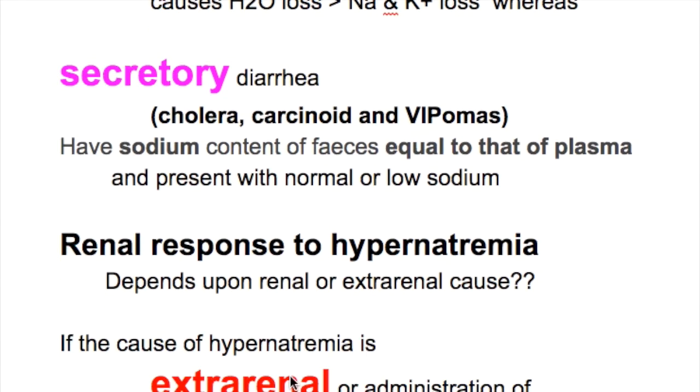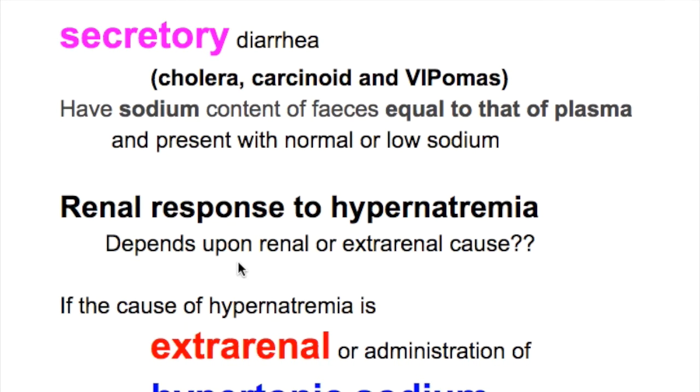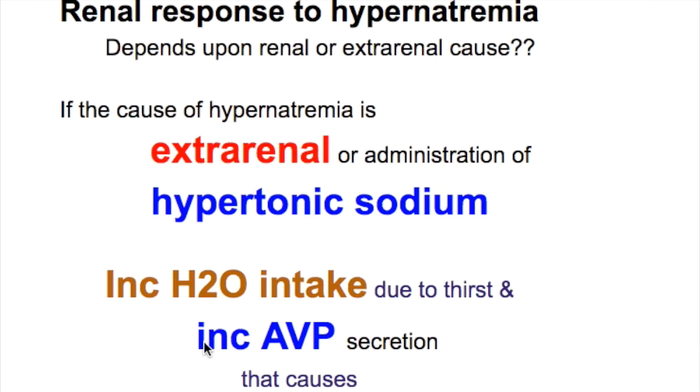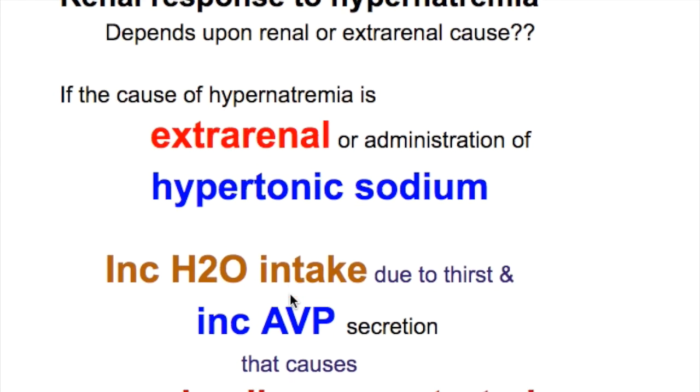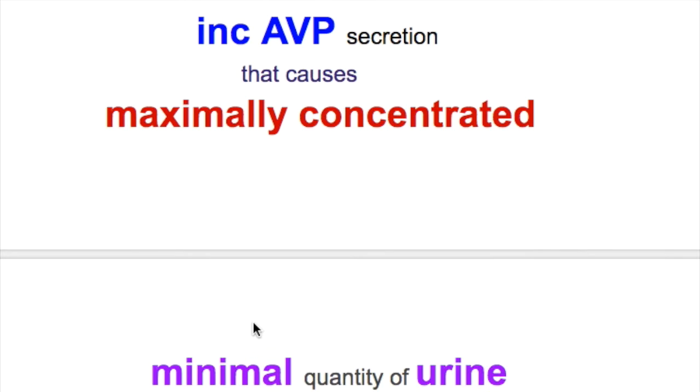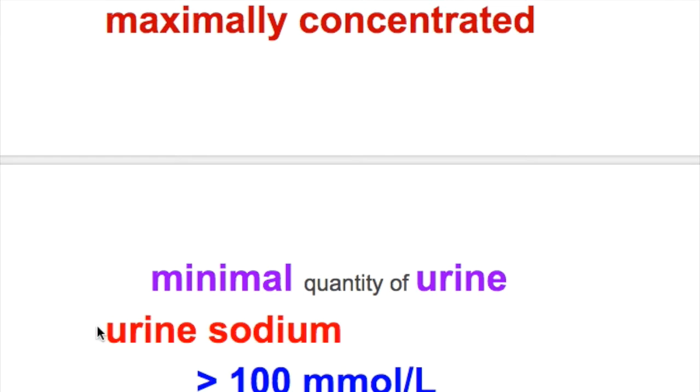So what's the renal response to hypernatremia? It depends on whether the hypernatremia is renal or extrarenal. If the cause of hypernatremia is extrarenal or administration of hypertonic sodium, then there is increased water intake due to increased vasopressin secretion that causes maximally concentrated minimal quantity of urine.